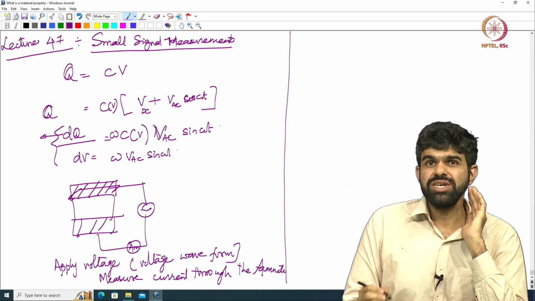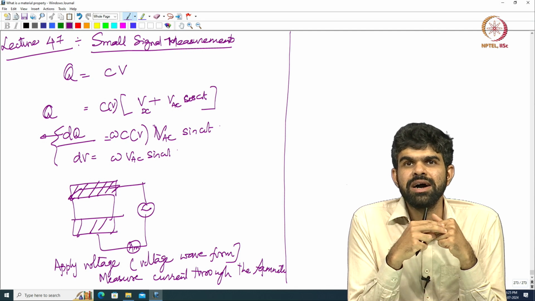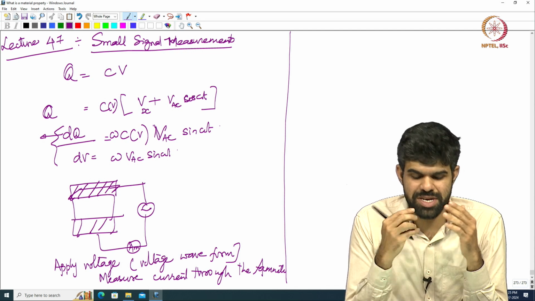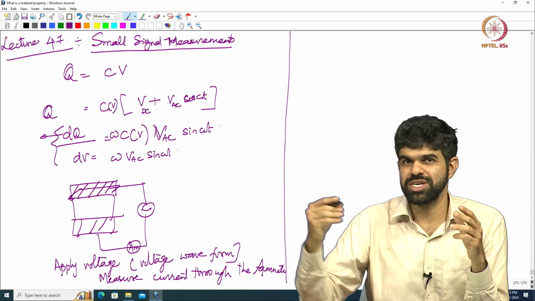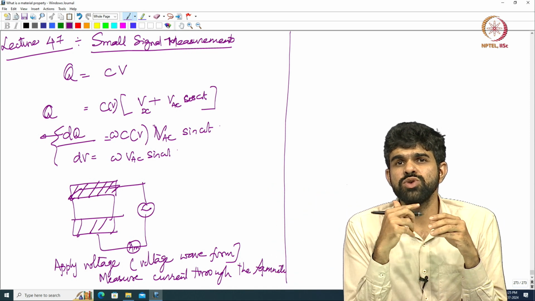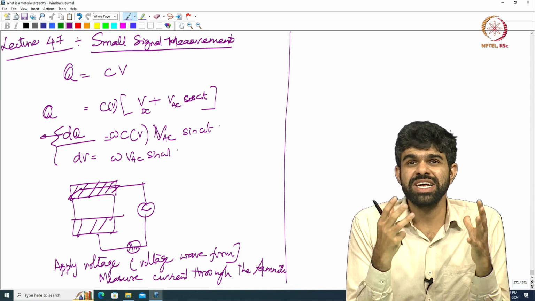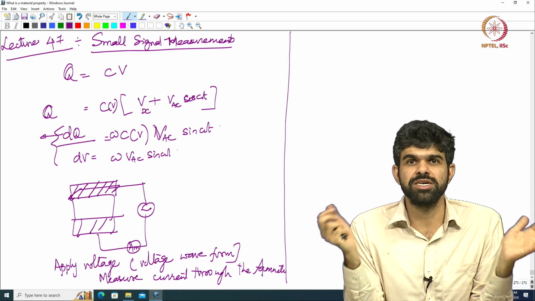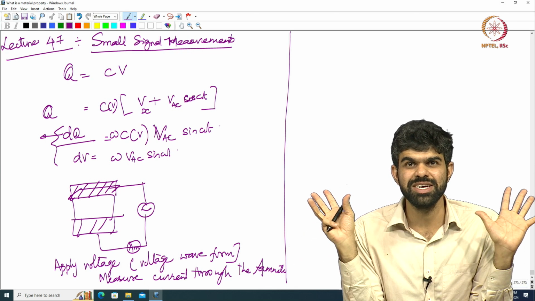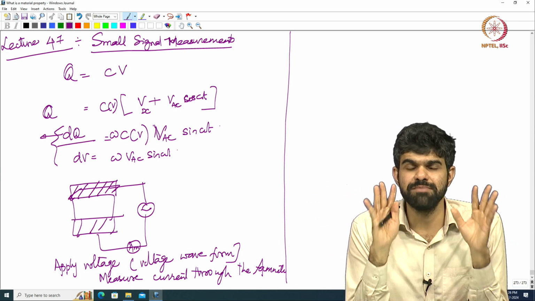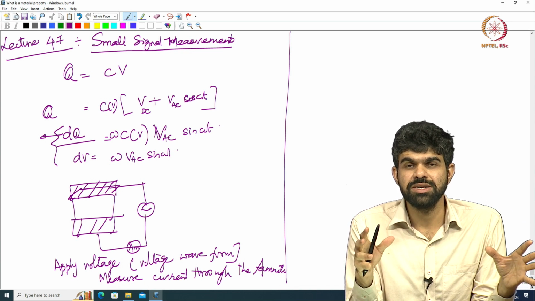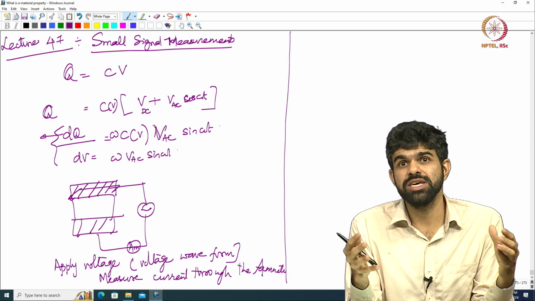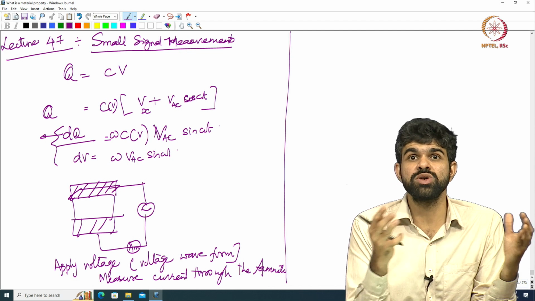I am not saying it is not possible to measure charge. You can put some sort of an integrator circuit after the ammeter and measure charge. But the most obvious measurement that one can do electrically is I apply voltage and measure current, or I apply current and measure voltage. So, let us think very simply: if I apply voltage and measure current, then I have to actually measure the current and not the charge directly.